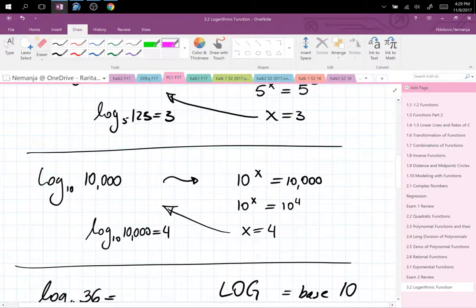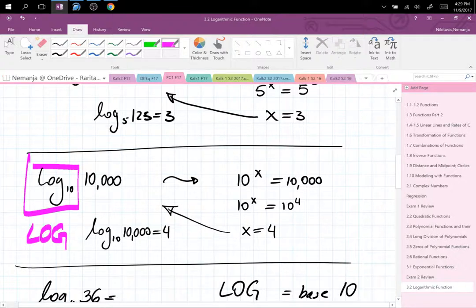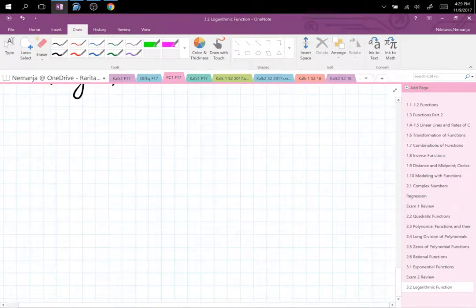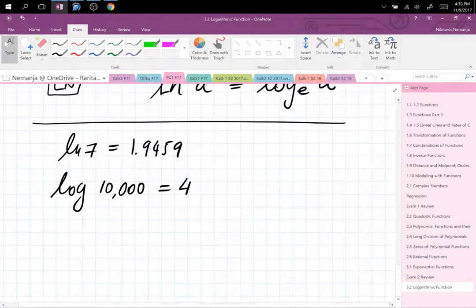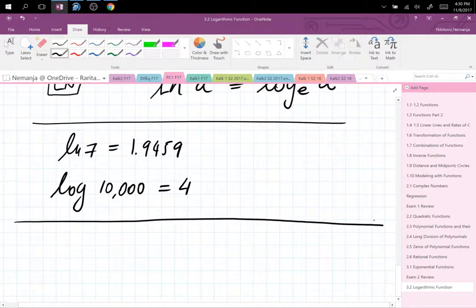Because remember, this part, log 10, is just LOG button on your calculator. That's what the LOG is. Log base 10. And then you just type in 10,000. So you can compute all of these things. Nice. We are finally done with basic computation and basic formulas that concern the log and log calculations.